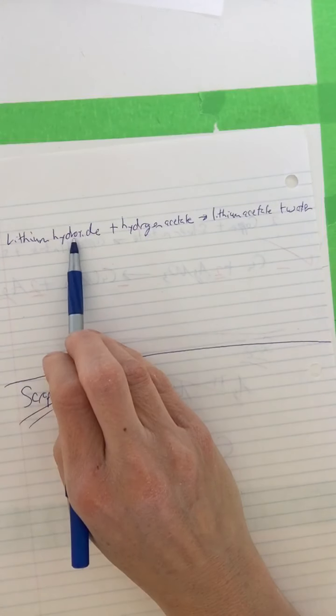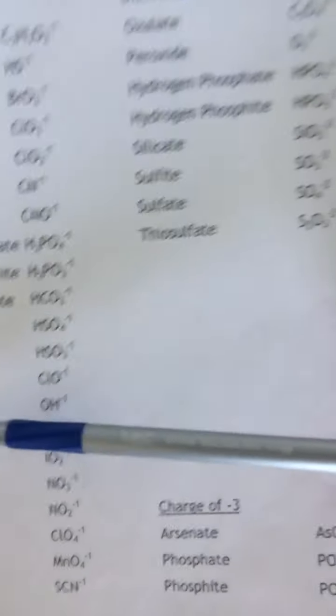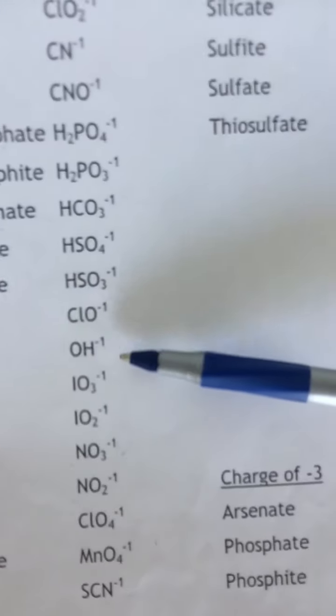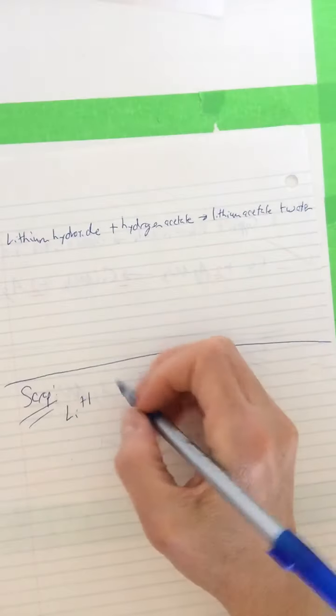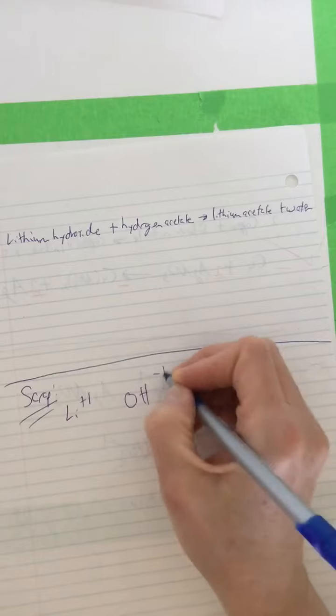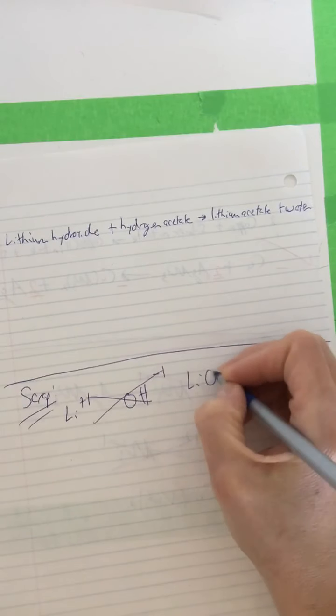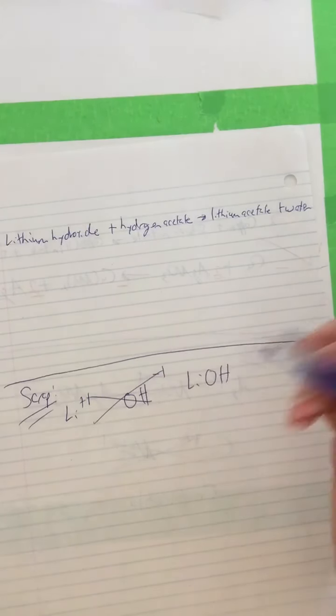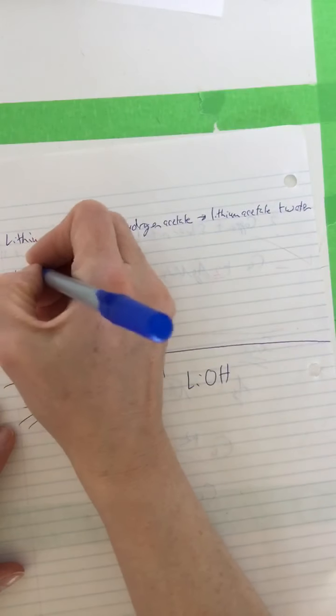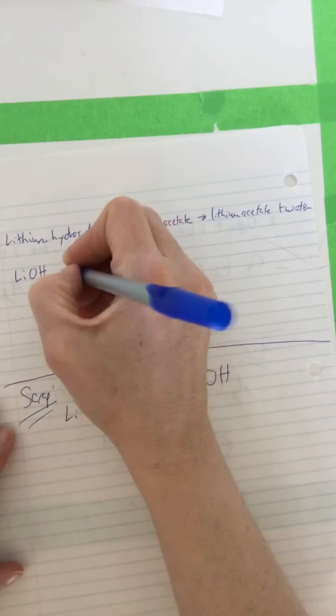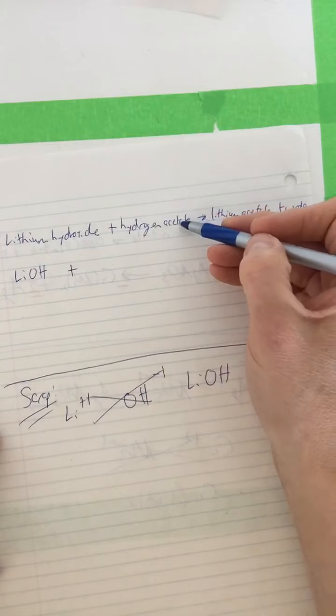And hydroxide. Well, you've never heard of that as an element because it's one of these polyatomic ions from the sheet. See it right here? Hydroxide, OH minus 1. If you crisscross, you get LiOH. They were 1 to 1, pretty simple.